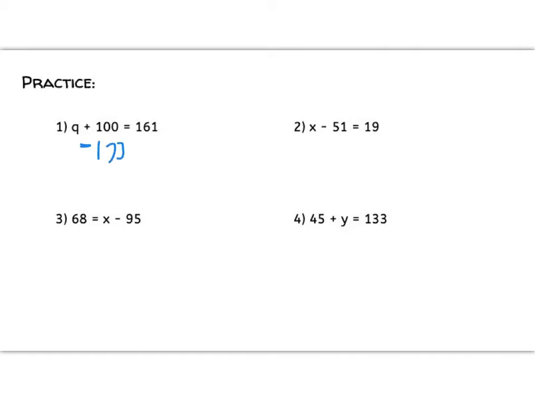Since I subtracted 100 on this side, I also need to subtract 100 on the other side. And then I'm going to draw a line. And now I just need to carry down. Bring down my q. The plus 100 and minus 100 cancel. Bring down my equal sign. And then subtract 161 minus 100 equals 61.